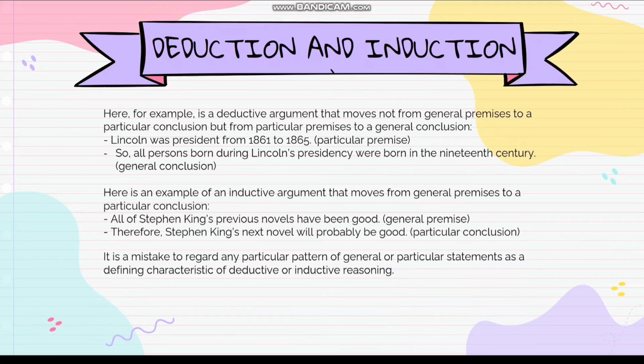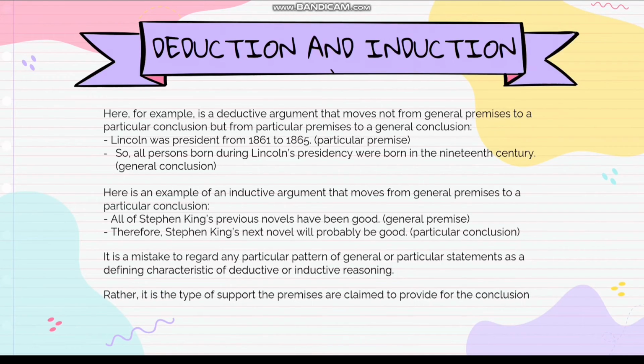What makes an argument deductive or inductive is not the pattern of particularities or generalities in the premises and conclusion. Rather, it is the type of support that the premises are claimed to provide for the conclusion.